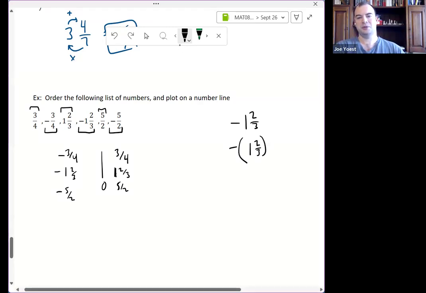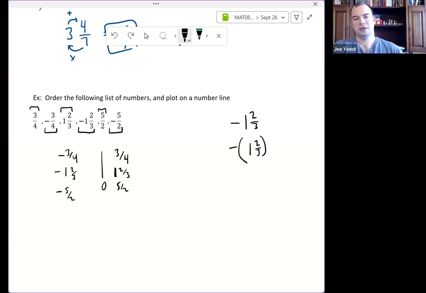This is actually a situation where I'd much rather work with the mixed number version. 1 2/3, I know this is between 1 and 2 on a number line. 3/4, that's a proper fraction. That's less than a whole, right? I have 4 slices and I've only filled in 3. I don't even have 1. This is between 0 and 1 on a number line.